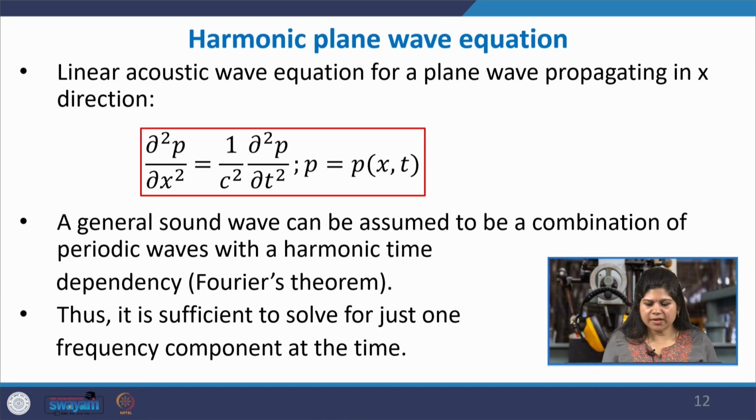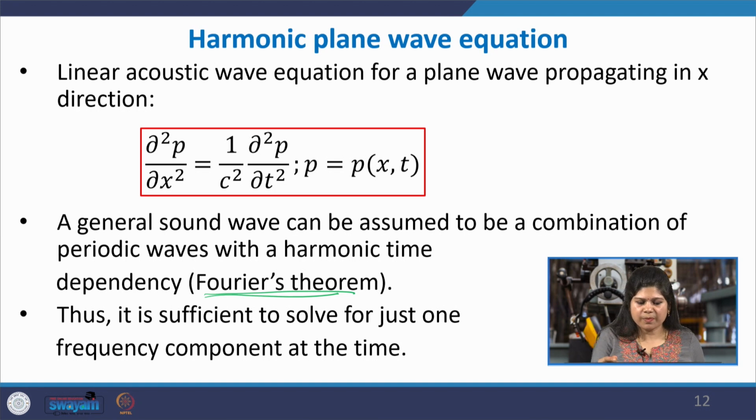So, this is our linear acoustic wave equation, and now that we know any real sound can be thought of as a combination of various harmonic plane waves with different frequencies, magnitudes and directions, by Fourier's theorem, it is sufficient for us to solve one harmonic solution, and then in the same way for all the other waves we can simply add them up.